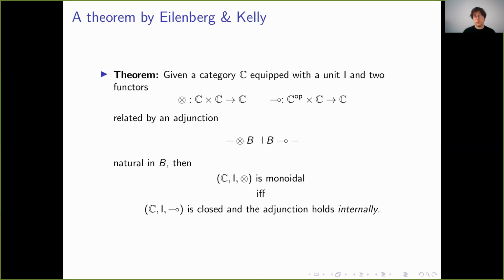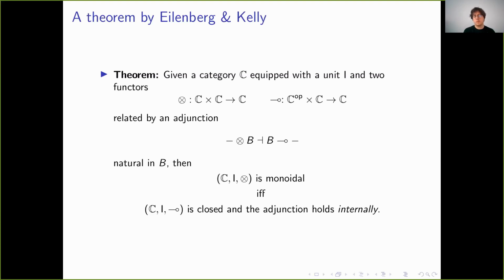But if such a structure is present, so if both a tensor and a lolly are present, and they are related in the right way, then one can prove that the closed structure comes from the monoidal structure. It can be specified in terms of the monoidal structure.